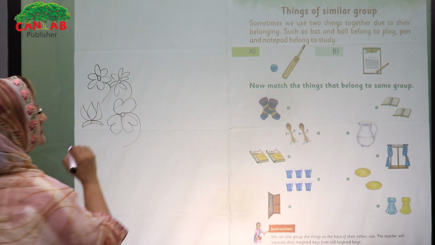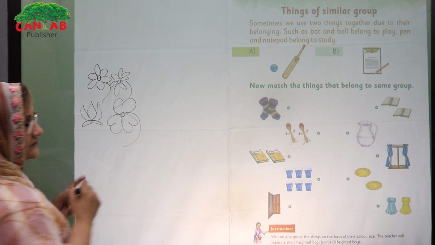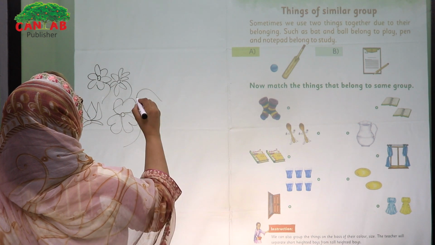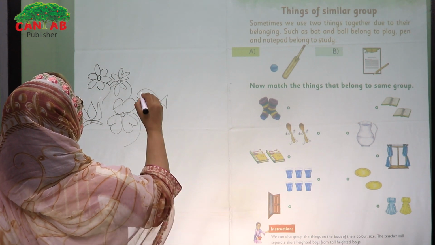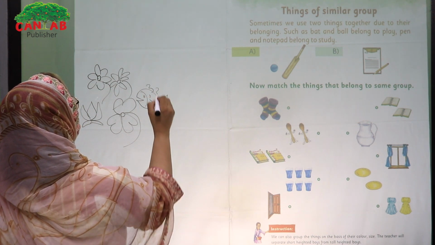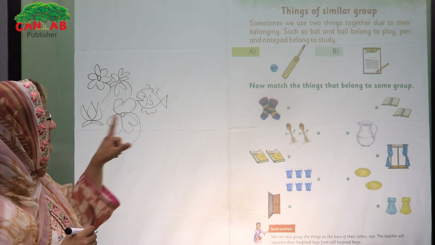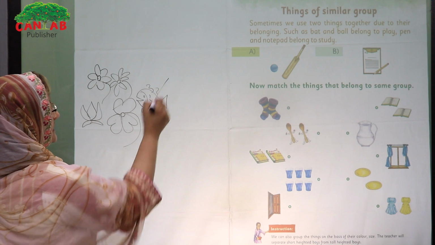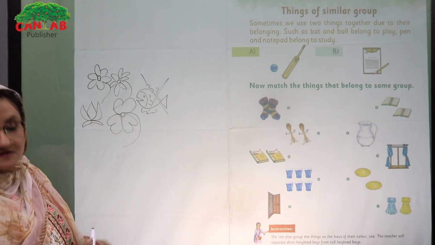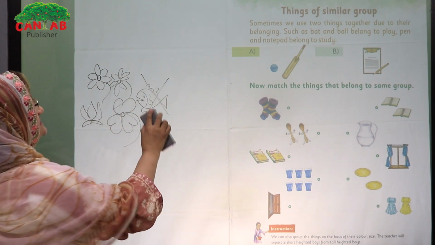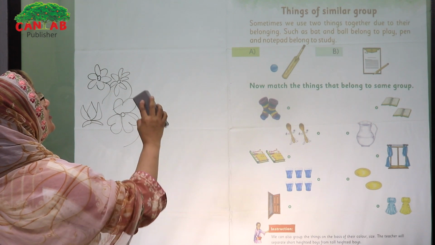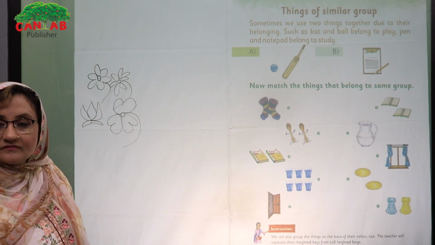I am drawing flowers. And look at here. What is this? This is a fish. Flowers are making a group, but this fish is an odd one. So we have to erase it in order to form a group of flowers.